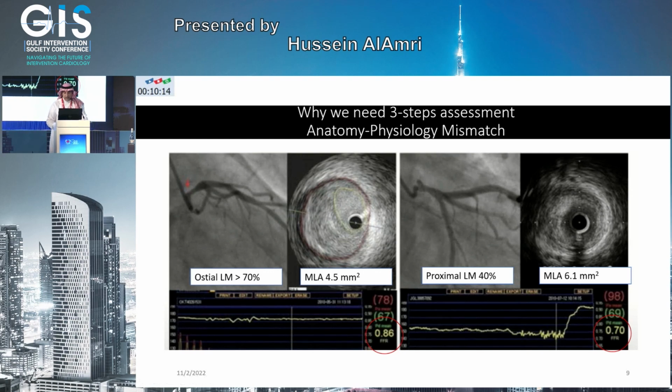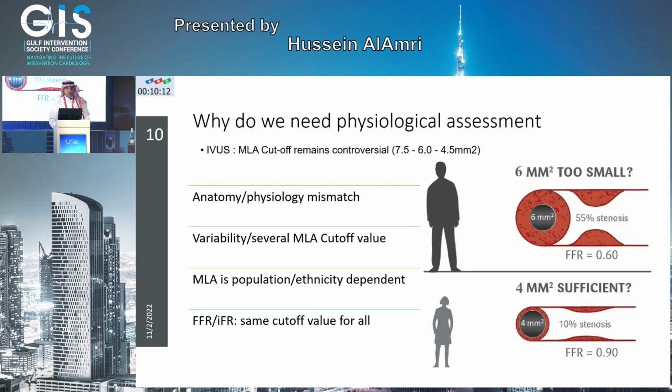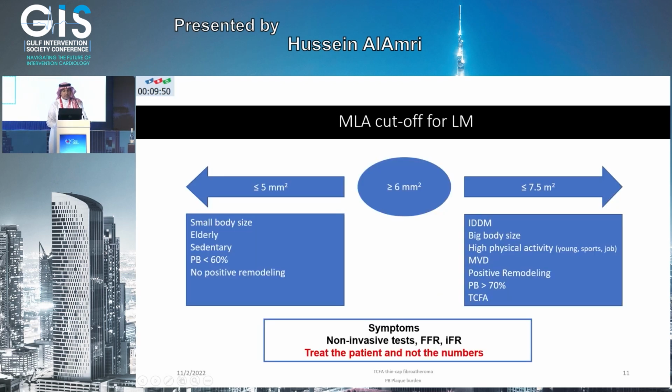This is multifactorial, because we know that there are different cutoff values for MLA, and it depends on the patient size, ethnicity, and the way you image, whether you do it from the circumflex alone, LAD alone, or both. And what's good for a huge guy or a large body surface area is not good for somebody with a small body surface area.